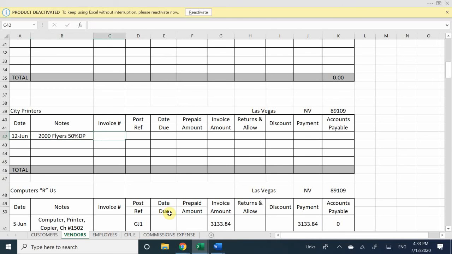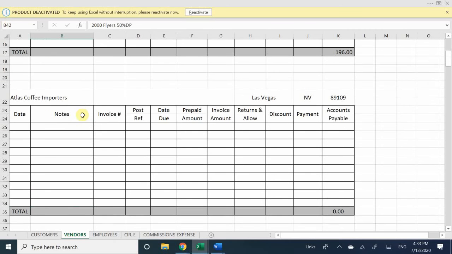Was there an invoice number? No. Post reference, general journal number 4. Due date, none. When we pick it up is when it's due. Prepaid amount, not yet, because the invoice was for $50. And I also have to indicate here that I paid with the Visa.